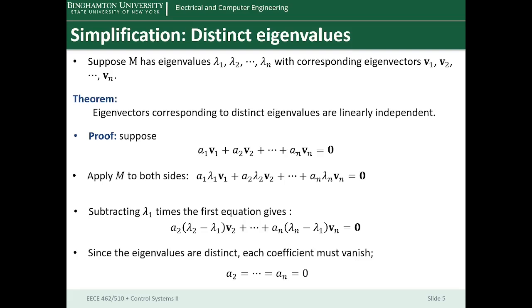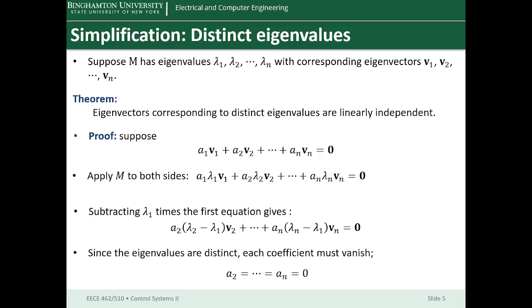Since all the eigenvalues are distinct, each of these differences, for example lambda 2 minus lambda 1, lambda 3 minus lambda 1, and so forth, is non-zero. The only way the new equation can hold is if all the coefficients a2, a3 up to an are 0.